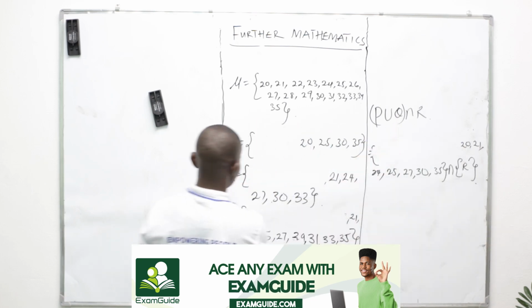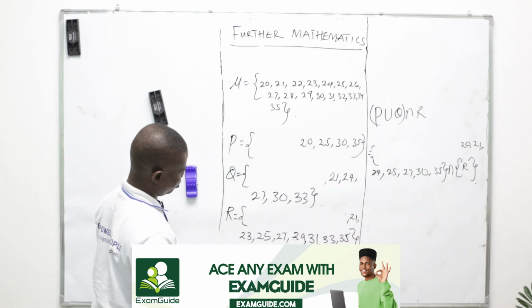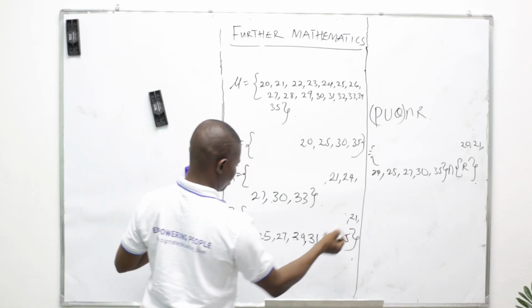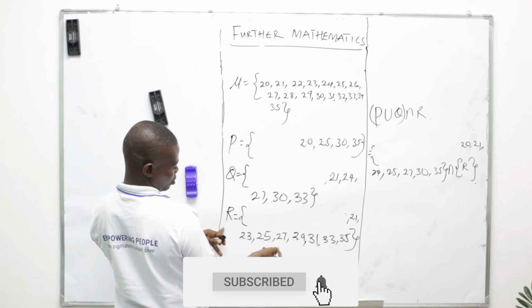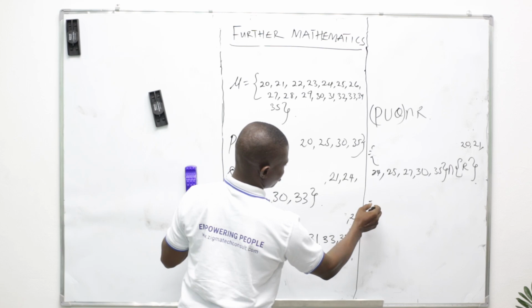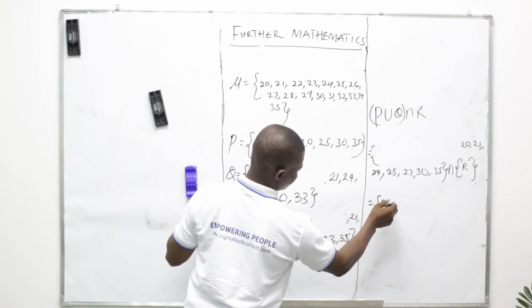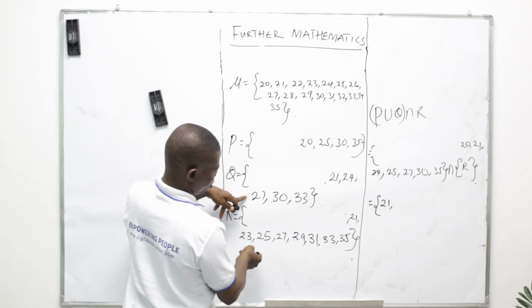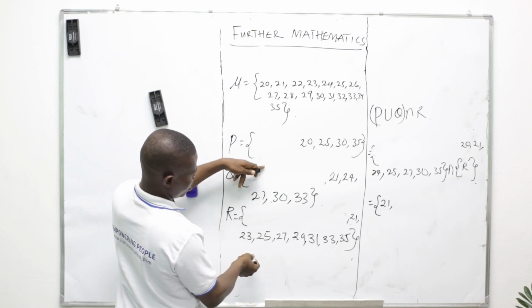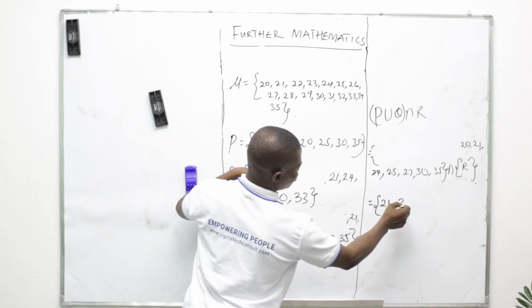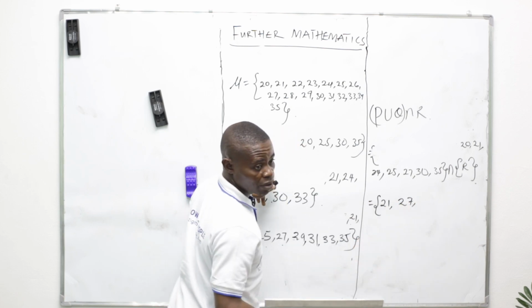Now their intersection in R, we'll have 21, okay? 23, not 23 here. 25, there is 25. 27, there is 27 here.